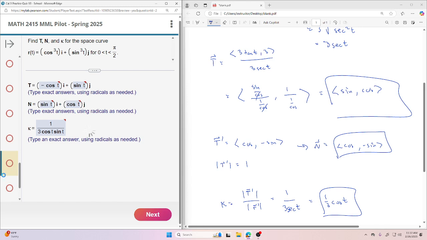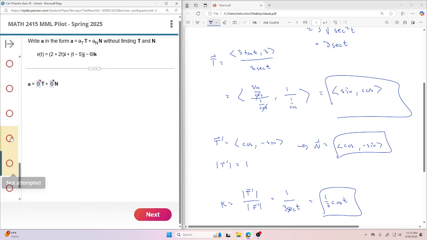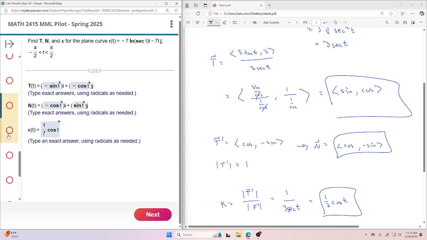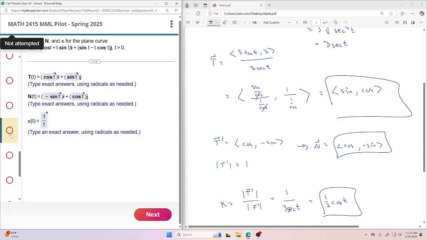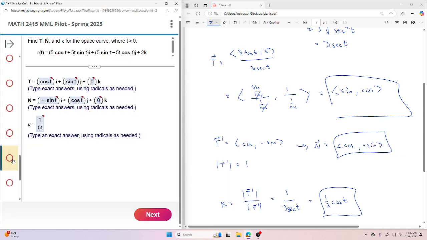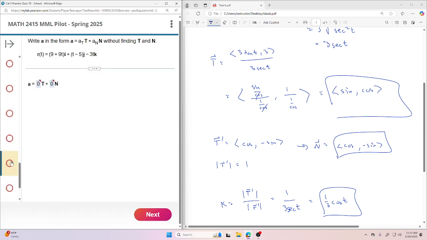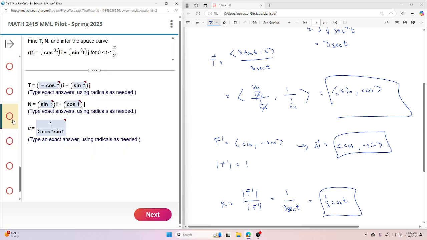Oh yeah, the ones with the polynomial questions instead of having the sine cosine. All these are having sine and cosine. This one is a different question though.